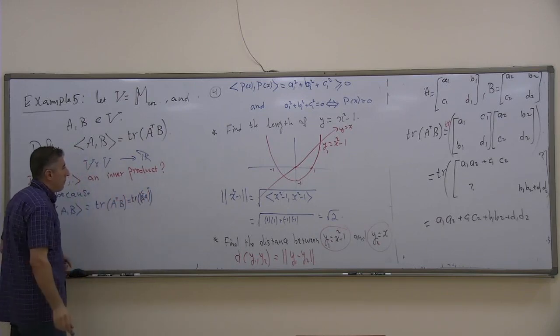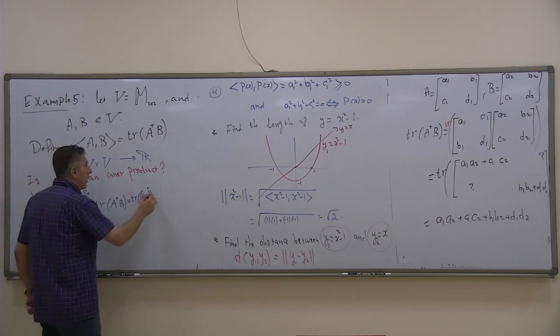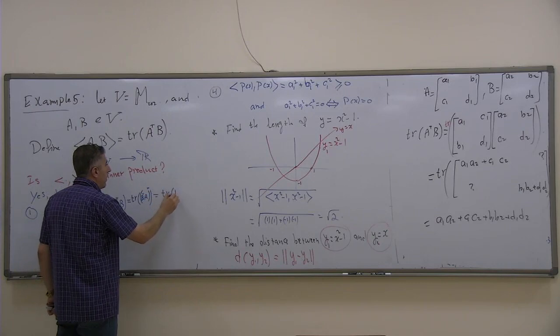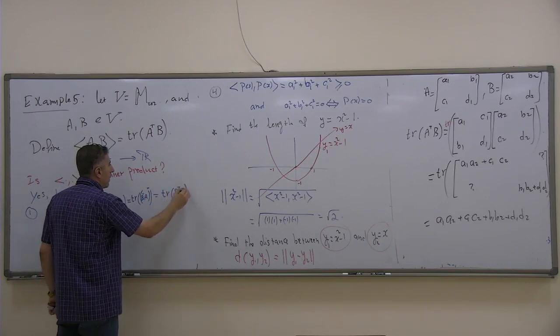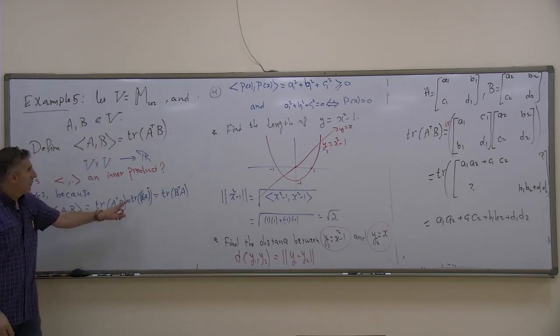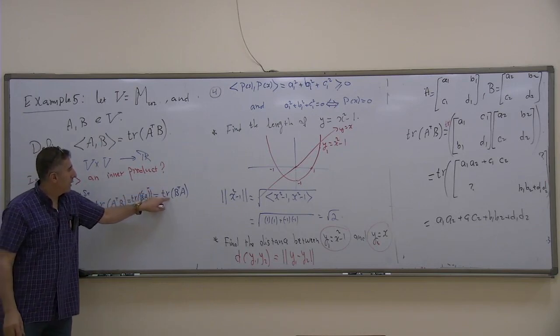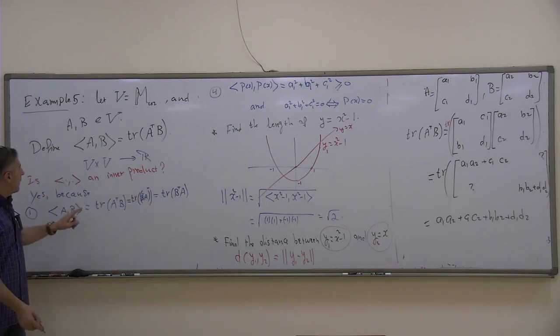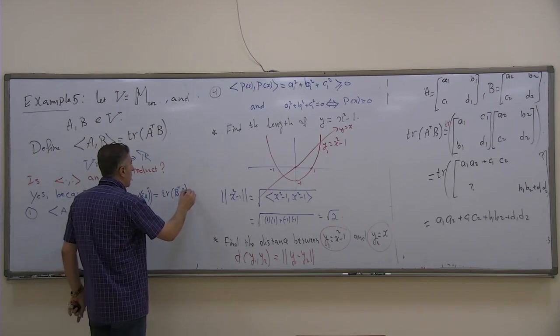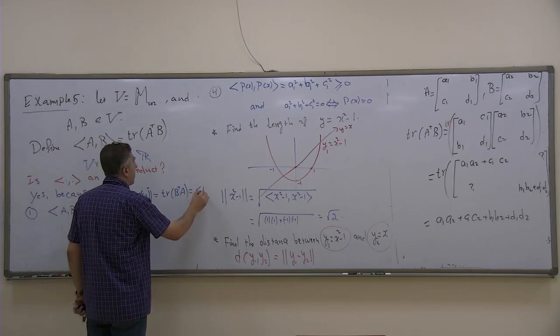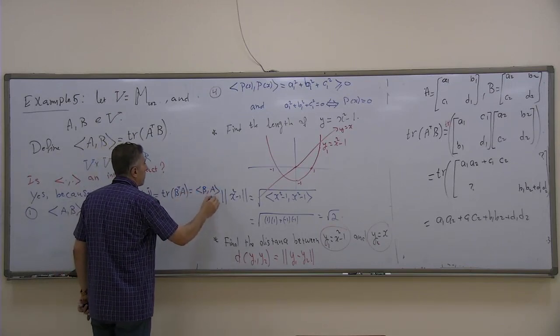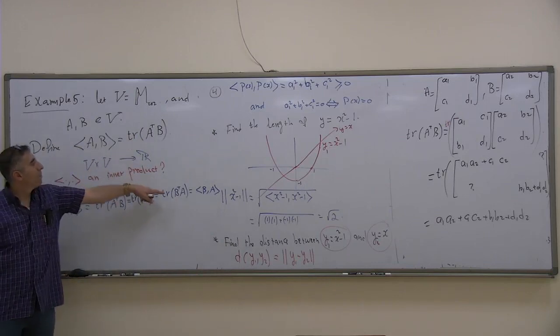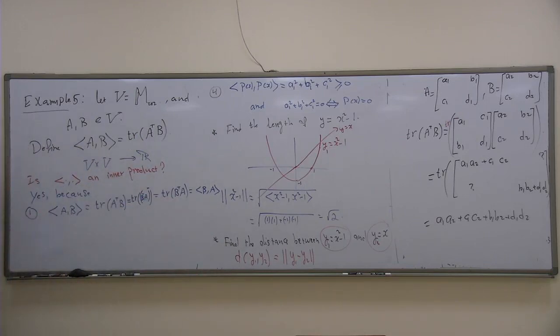Now, this is going to be trace of B transpose A. Trace of this transpose is the same as trace of this. And that is going to be exactly inner product B A. Okay, so the first condition here is satisfied.